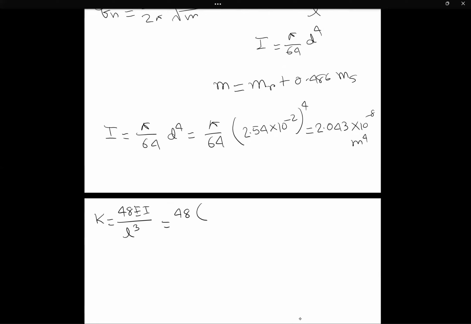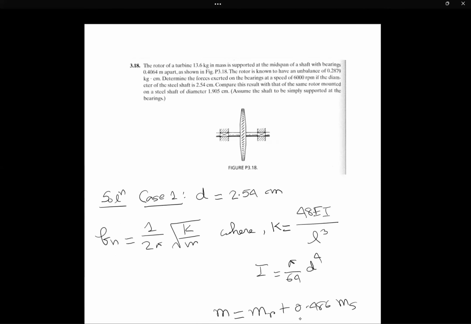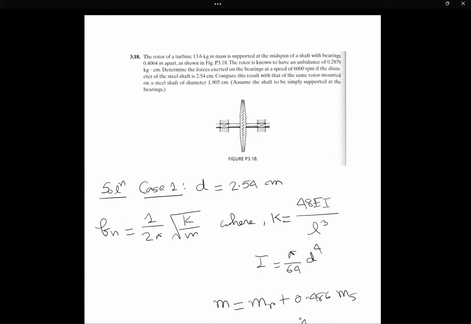We are using the modulus of stiffness E for steel, 210 times 10 to the power 9, times 2.043 times 10 to the power minus 8, and L was given as 0.4064, where you can see that the mass is supported at the midspan of a shaft with bearings 0.4064 meter apart.